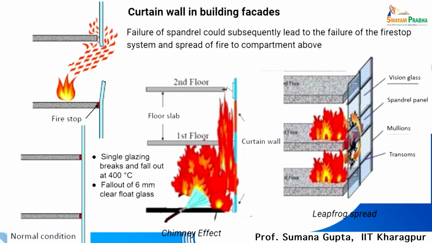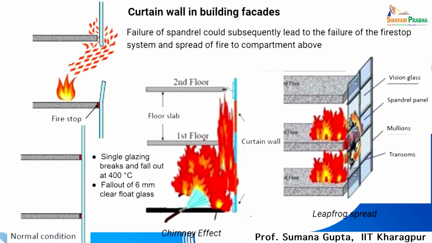Now, we will discuss this later on also in the case of curtain wall, because we are talking about high rise buildings also. We see sometimes the building facade is having only glass, and it is a structural wall, there is a structural system, but otherwise it is entirely facade.